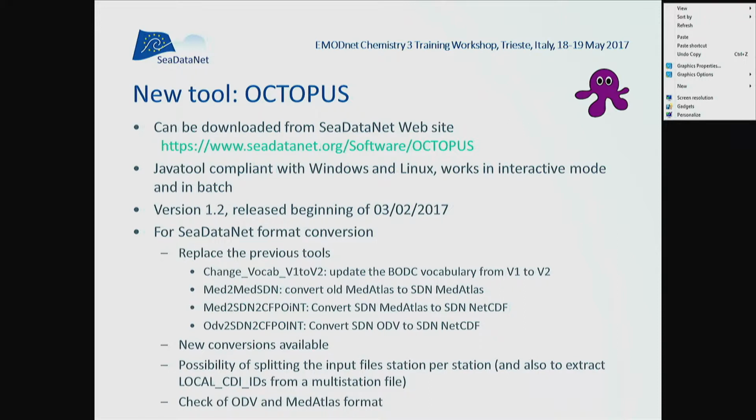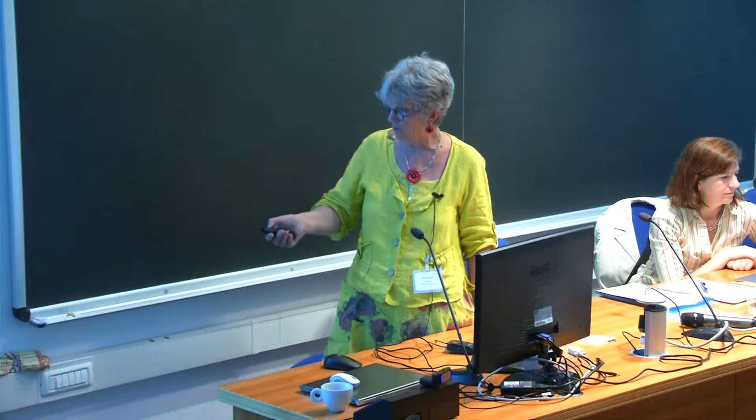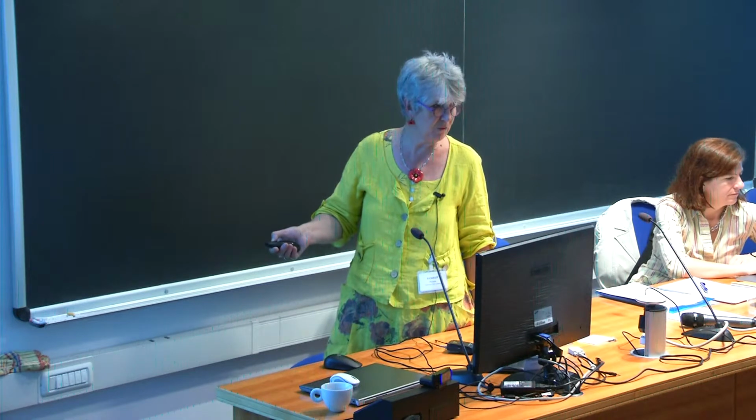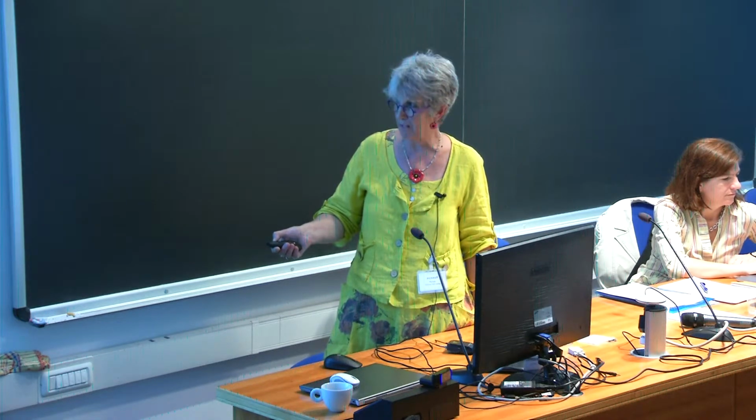It can also be downloaded from the CDataNet website. It's also Java. It was released last February. The main function is to convert CDataNet format, and it replaces, for those who know these tools, which don't exist anymore: Change vocab v1 to v2 is replaced by Octopus.